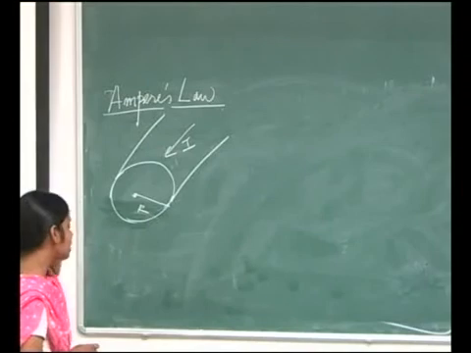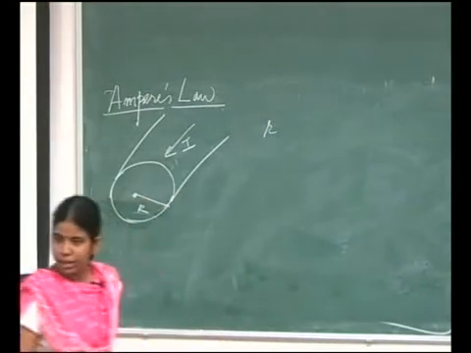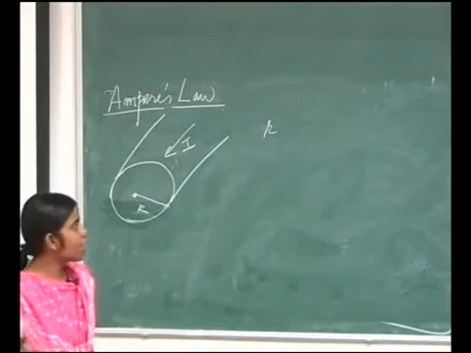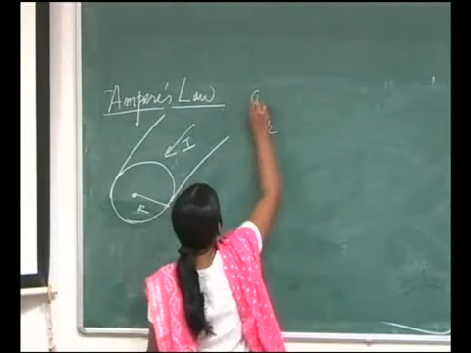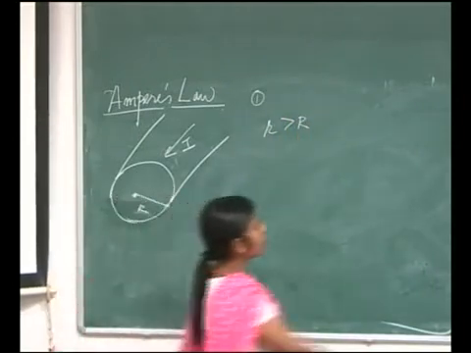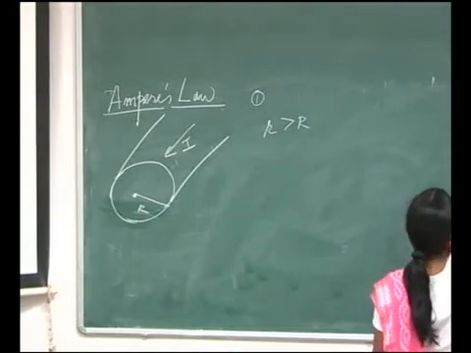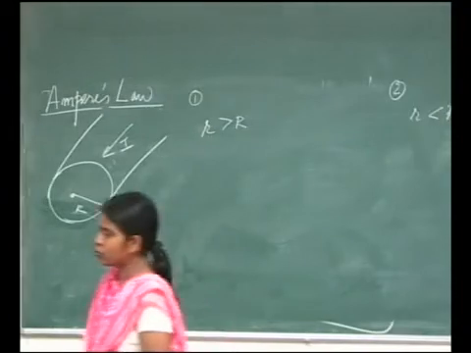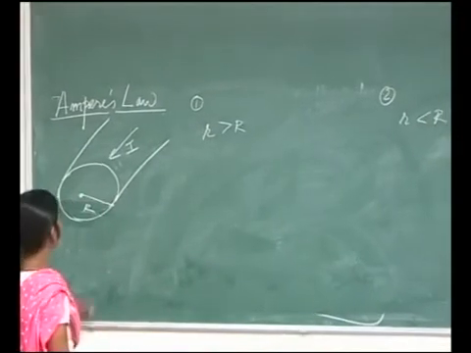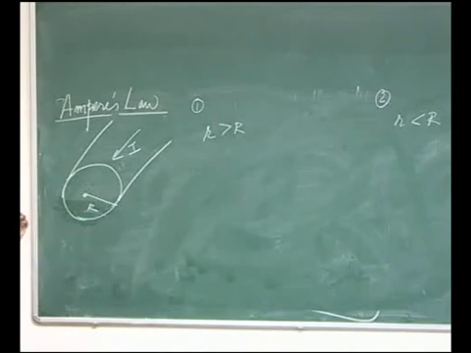So for doing that I have two cases. I take some arbitrary length vector r, and I want to calculate two cases. One is r greater than R, and the second case is r less than R. For this I am interested only in the surface through which current is coming out.